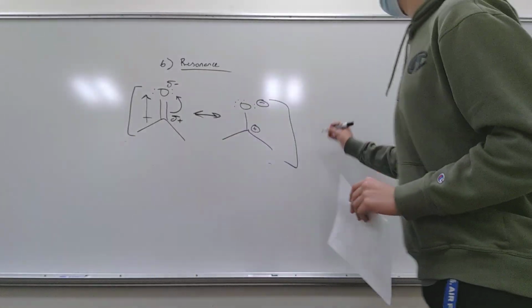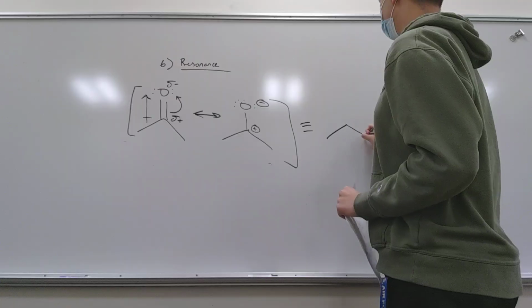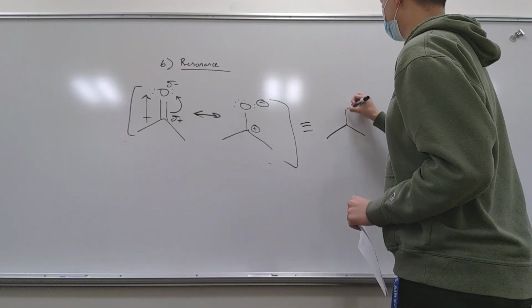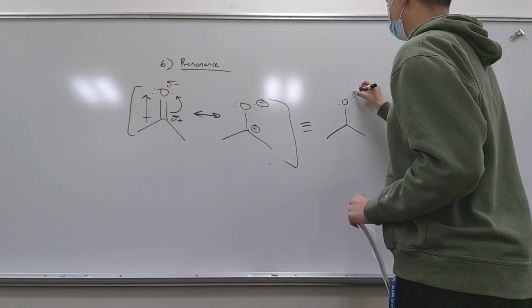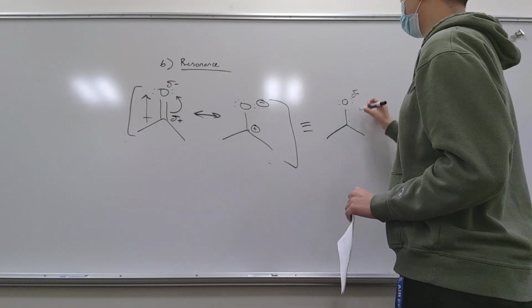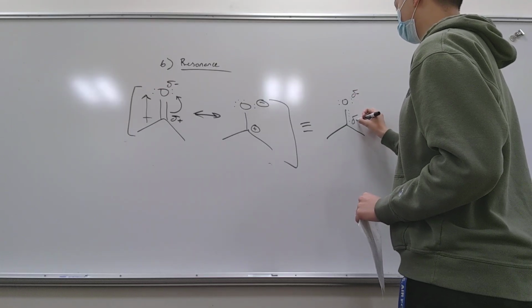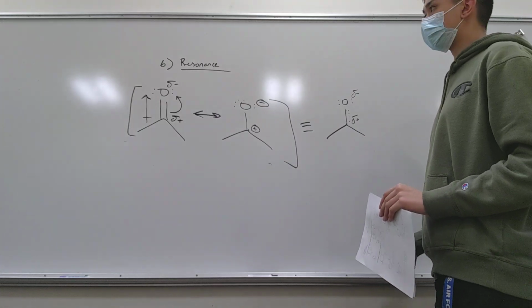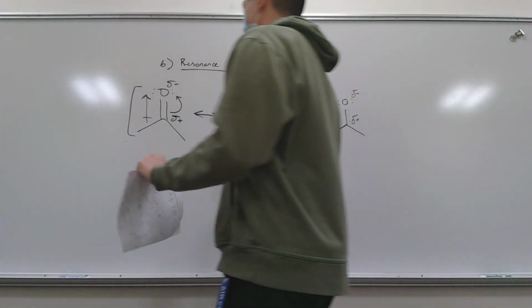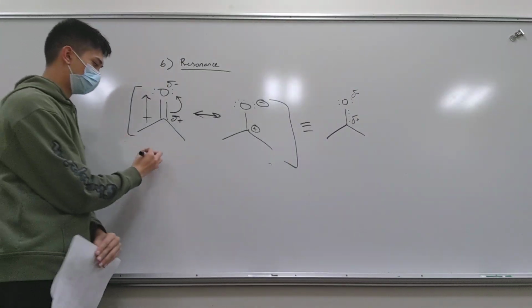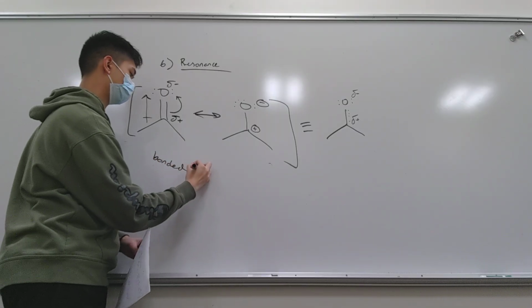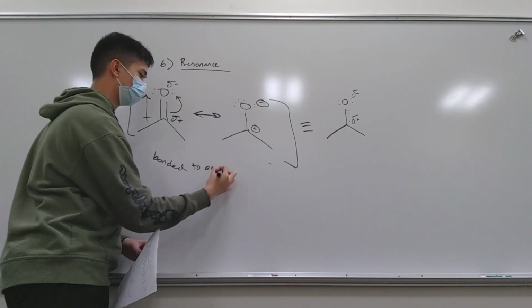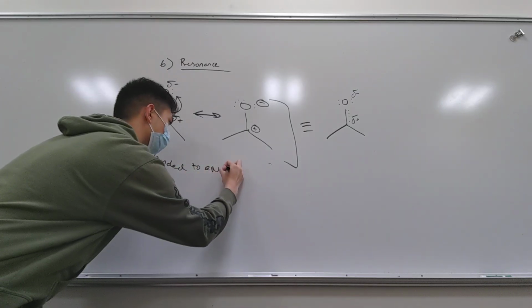And you would represent that as a dotted line with the positive and negative partial charges. So one thing we can note is something bonded to electronegative atoms.